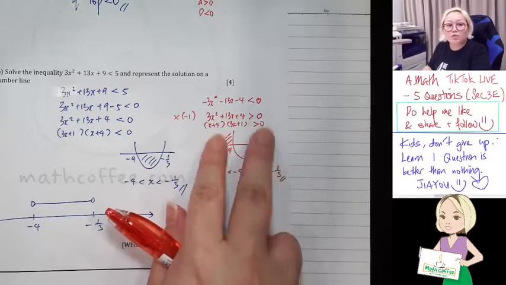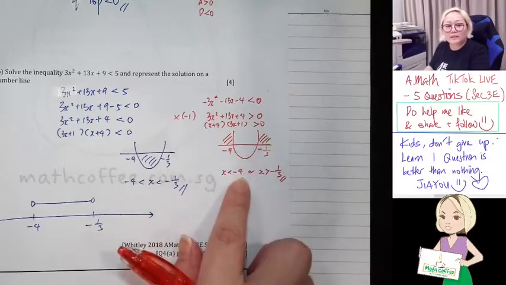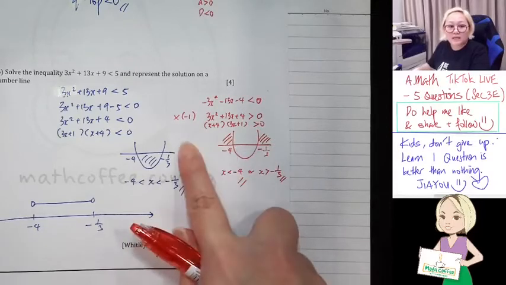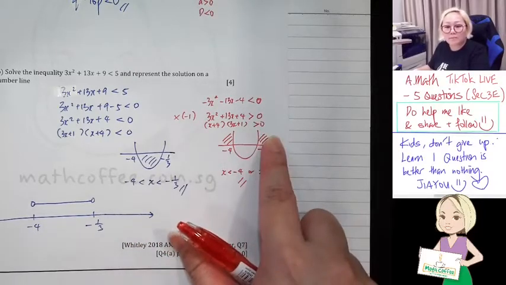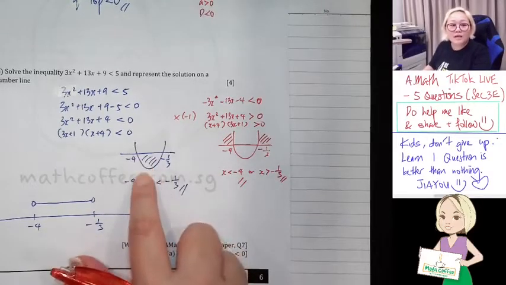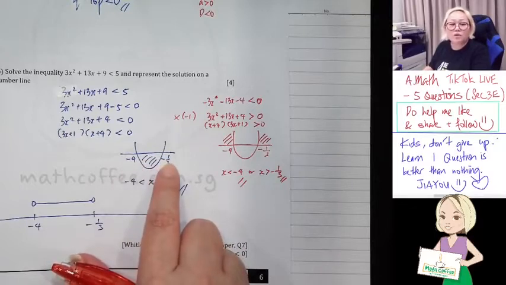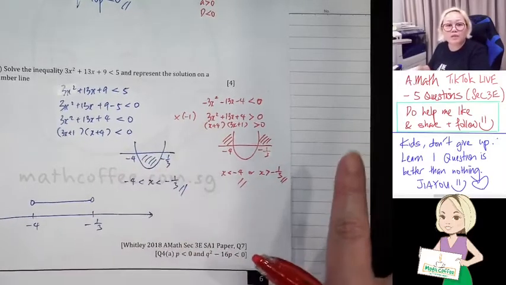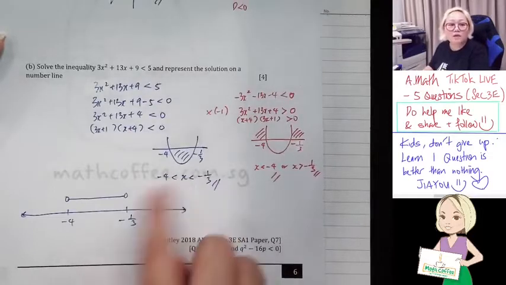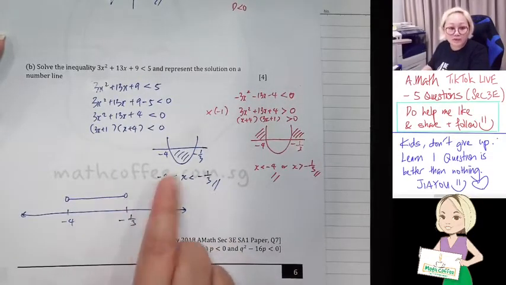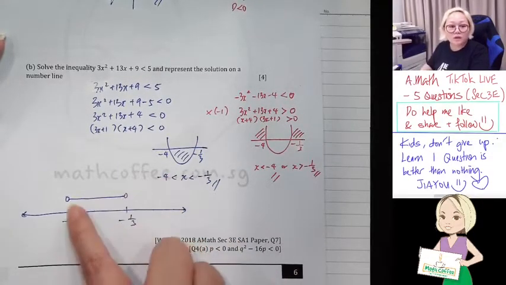If it's the two corners, it will be x is less than -4 or x is more than -1/3. If it's below, it is between -4 and -1/3. And of course, if you have equal, then you have to shade the dot. That's all.